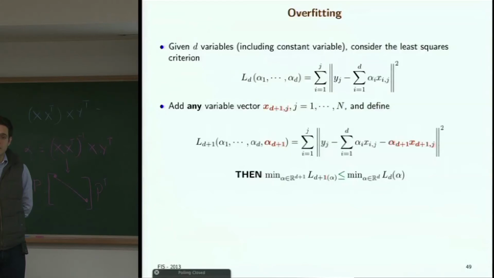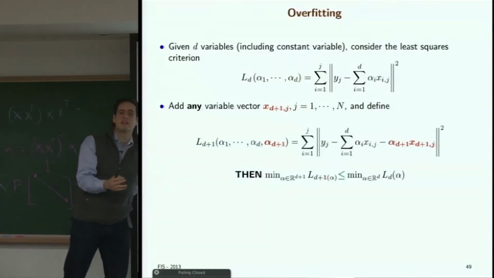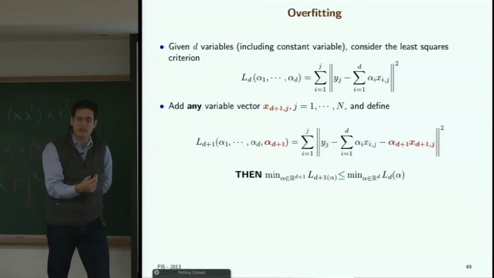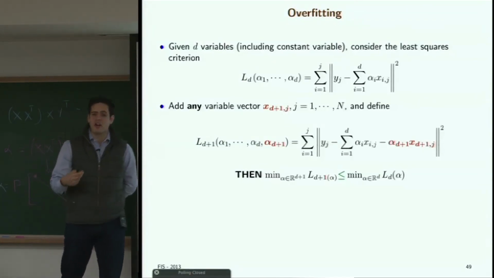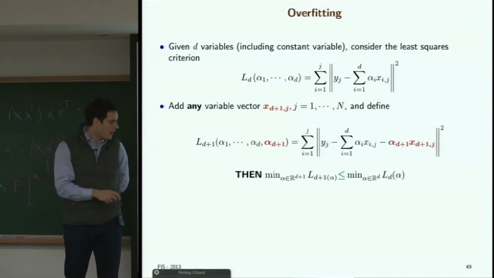Okay? So if you're guided exclusively by the idea to make this least square criterion small, then you have a strong interest in adding variables. Okay? So why is this?